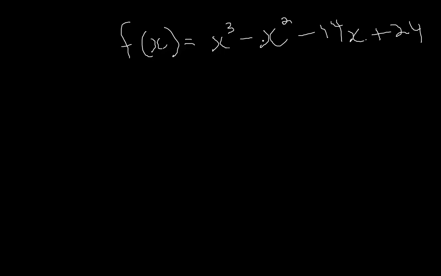What else did they tell me? Well, they told me that a factor of this polynomial is x plus 4. But what did they ask me to do? Well, they want me to find the other linear factors.